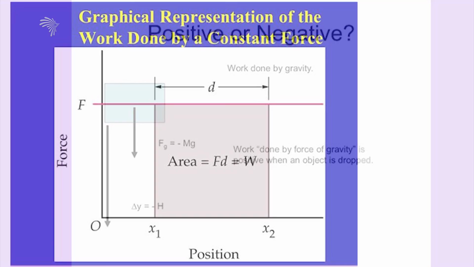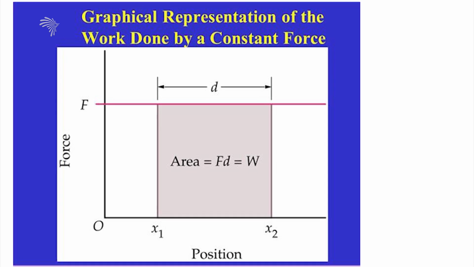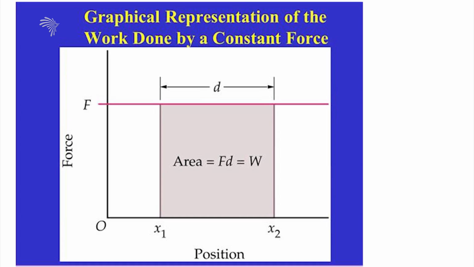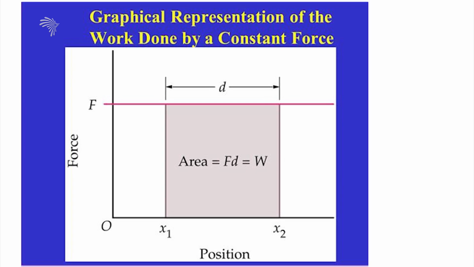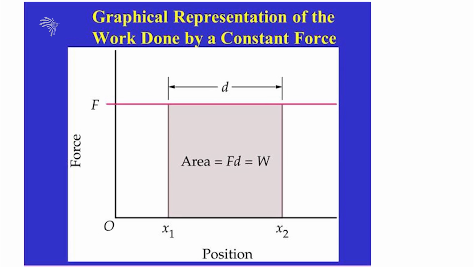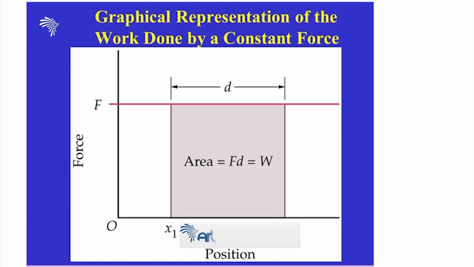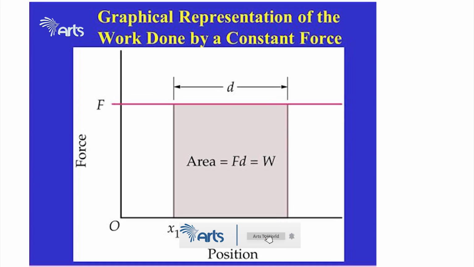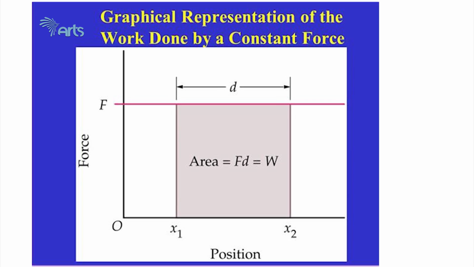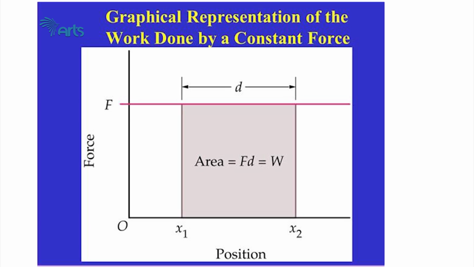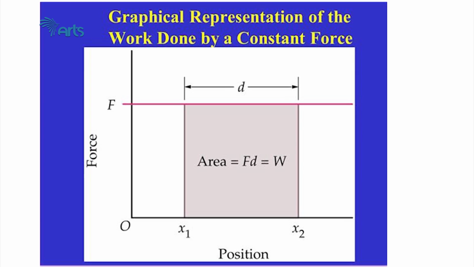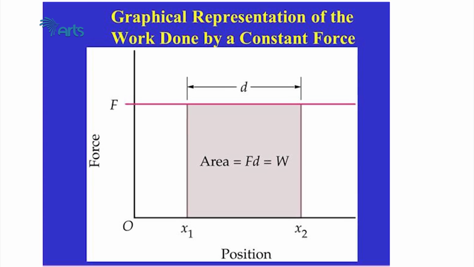Let's look at work done by constant force and work done by a variable force. When we talk about work done by a constant force, the force is constant, which means when you draw a force versus position or force versus displacement graph, you will have a horizontal straight line parallel to the position line.